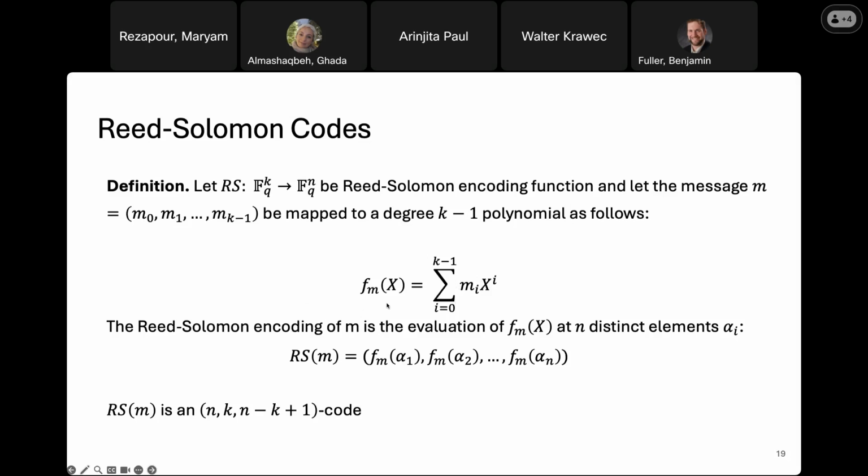Then we evaluate that polynomial f over some predefined distinct elements alpha 1 through alpha n. These evaluated points form our code word, which is an (n, k, n-k+1) code, where the last parameter is the distance of the code.